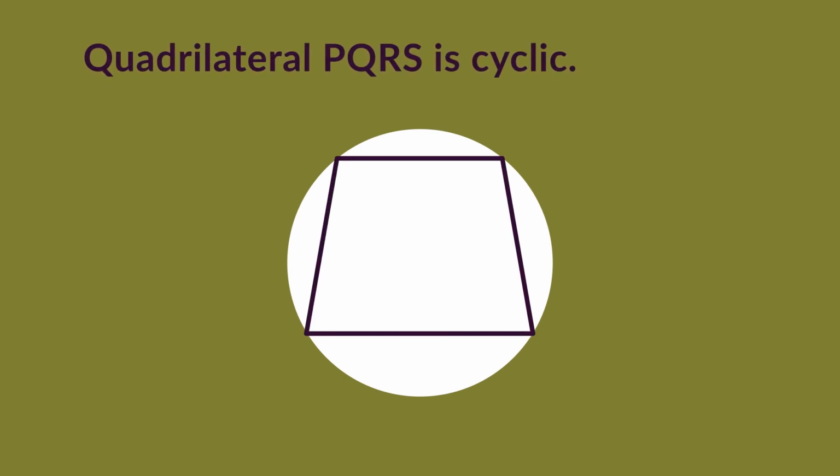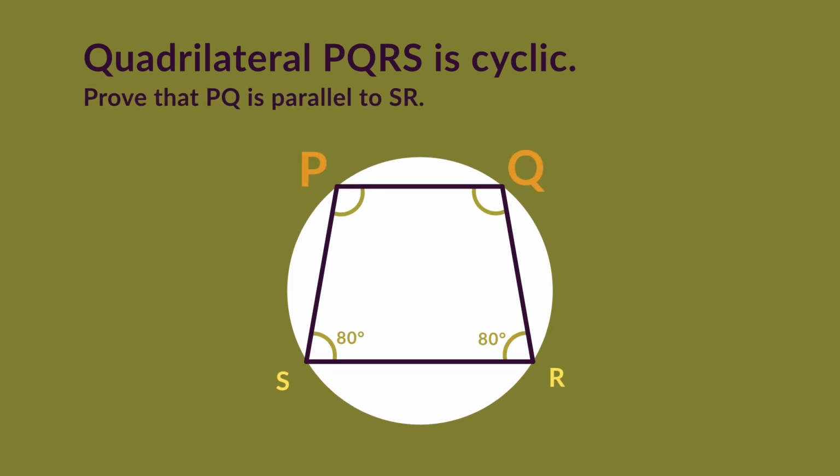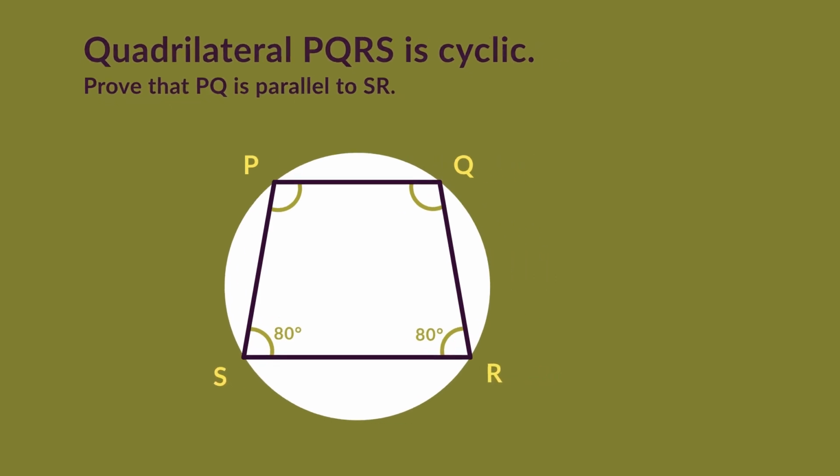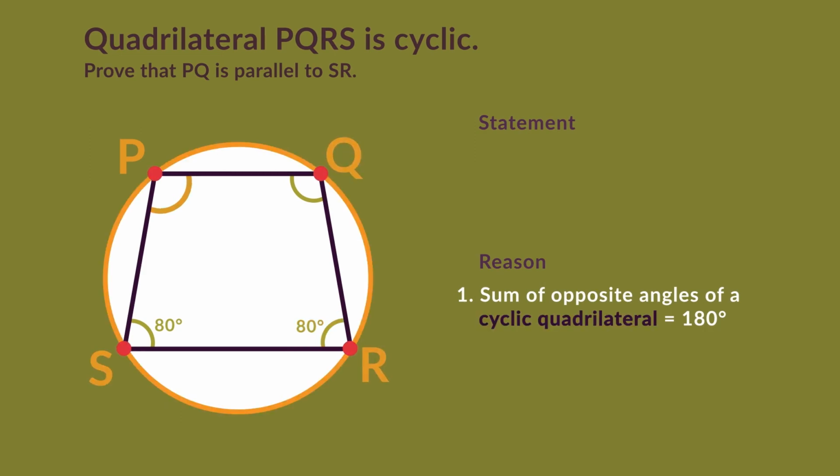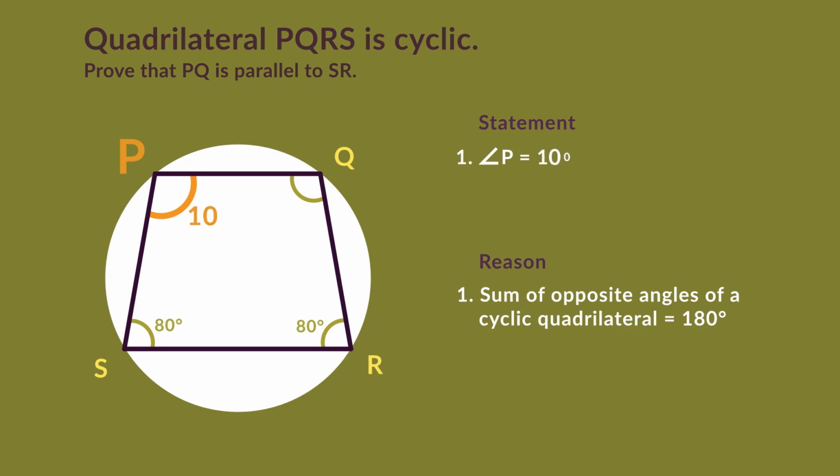Let's look at another example. We are given a cyclic quadrilateral PQRS. The angles S and R are each equal to 80 degrees. We need to prove that PQ is parallel to SR. Angle P is supplementary to angle R because we know that PQRS is a cyclic quadrilateral. So P is equal to 100 degrees.